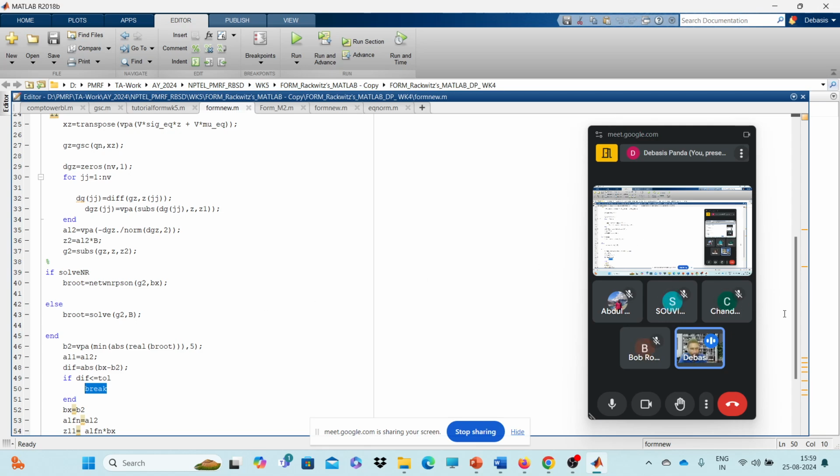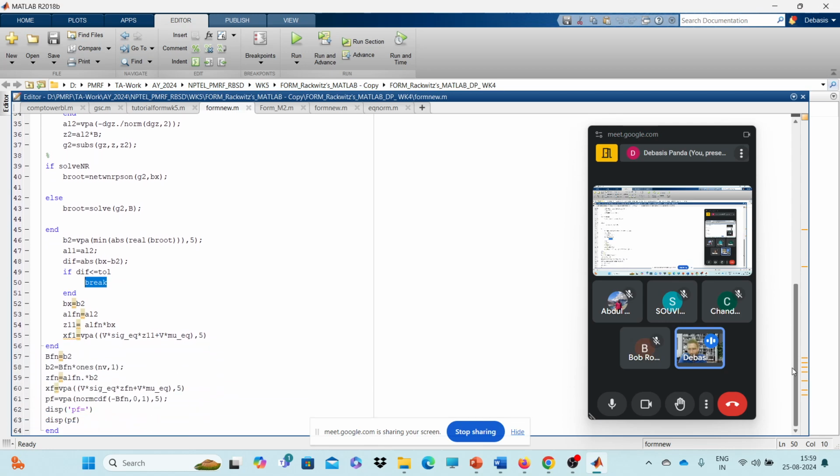Once we have the final value, it will give the final beta, final alpha, and final z value. Once we have final beta and final alpha, we can convert them into the x domain. So these are your final design points in the x domain.